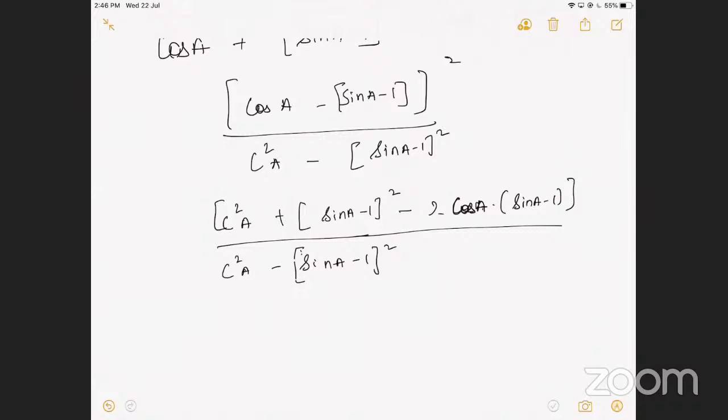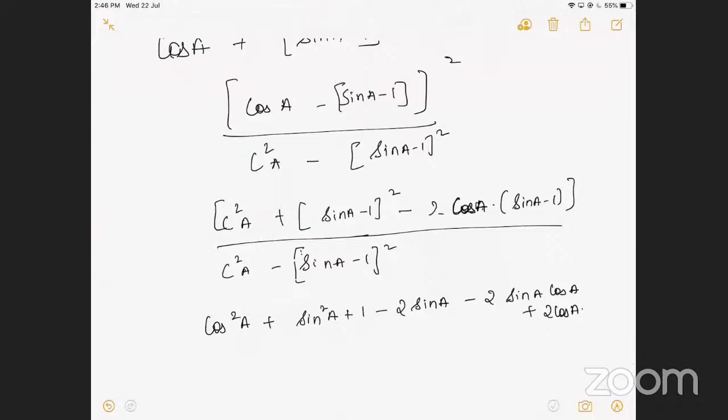So now if you open up the brackets again, the numerator is cos square A plus sin square A plus 1 minus 2 sin A minus 2 sin A cos A plus 2 cos A. Can I write like this?